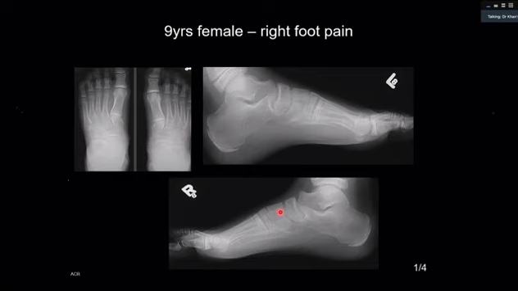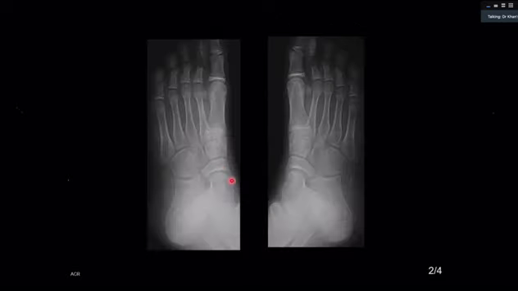Point to remember is that calcaneonavicular is best seen on the oblique view. AP view is useless. And the subtalar one can be seen on an axial view, you know, the DP view of the calcaneum.